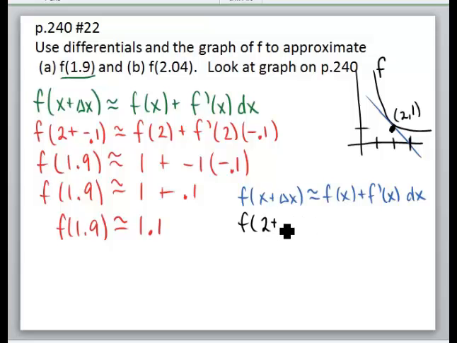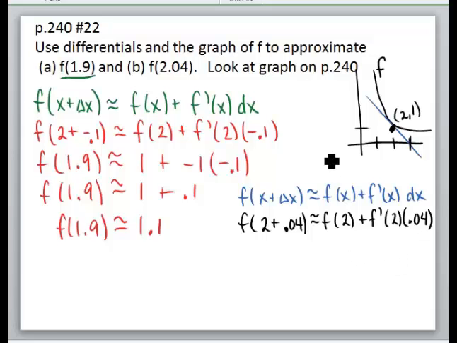Except my change in x is what's going to be different. To get 2.04, I need a change of x of 0.04. I'm going to put 2 in for my x's. And again, my dx is the same as my change in x. So dx and change of x are equal to each other.